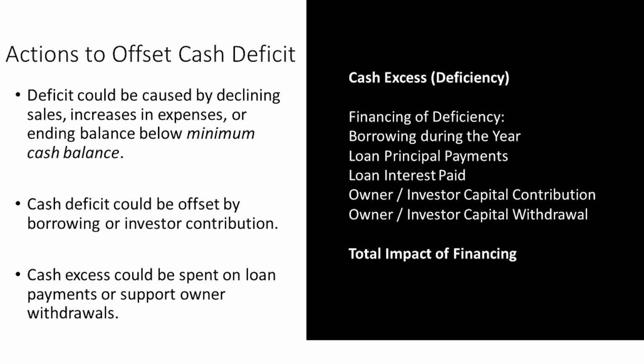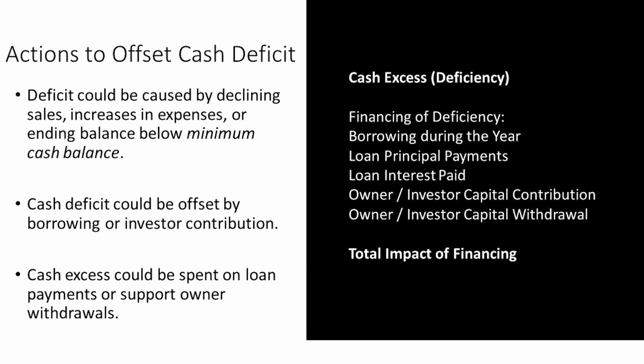What should we do? So this bottom section are options that you have available to you, strategies that you have available to you. So you can have 1 or 2 conditions. You can have a cash excess, meaning you've exceeded the amount of money that you desired, you exceeded the $10,000, and you may decide to use some of that excess in various purposes. Maybe you want to pay down a loan, maybe you want to pay back one of your investors.